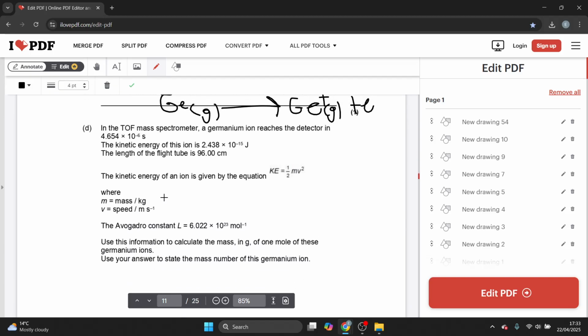It's like a formula. Calculate the mass in grams of 1 mole of these germanium ions. Okay, this one definitely looks a bit more complicated compared to the rest of the time of flight mass spectrometer questions we've been doing.